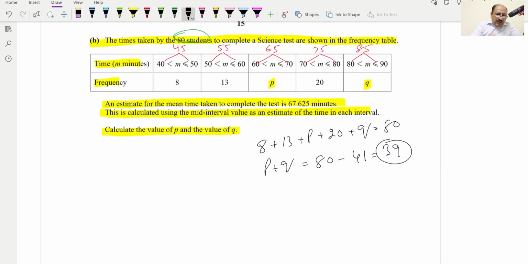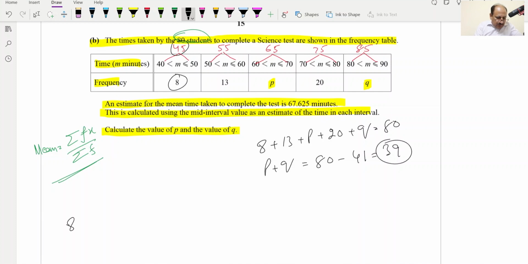For the mean, we have a formula. Mean is equal to what? Mean is equal to sigma fx over sigma f. This is the formula which we will be applying, and we will now apply it like 8 multiplied by 45.